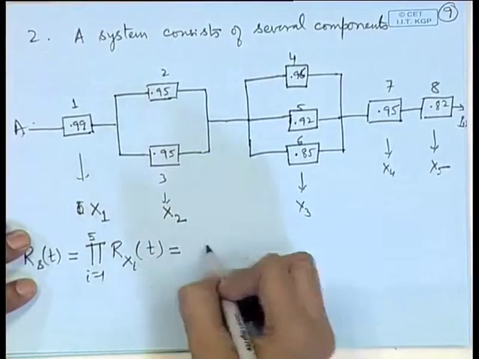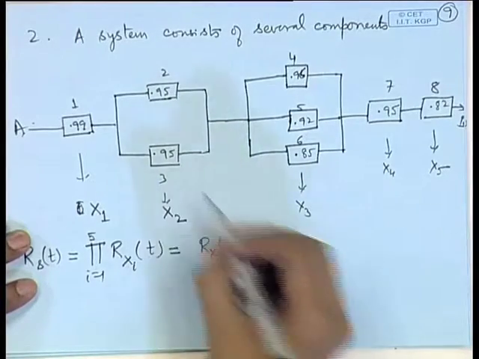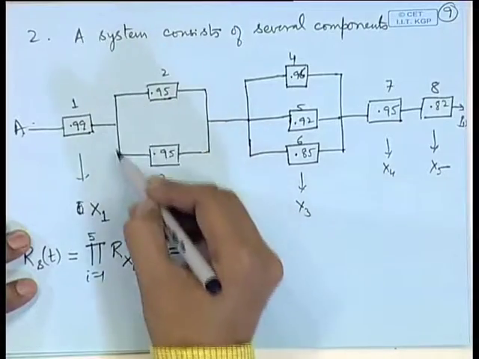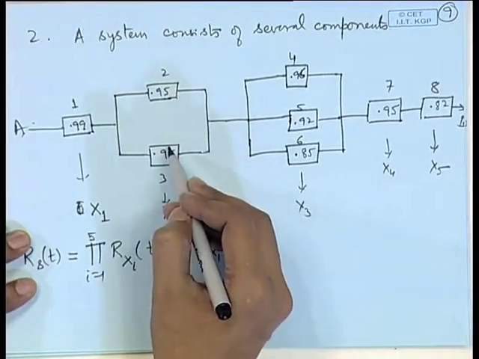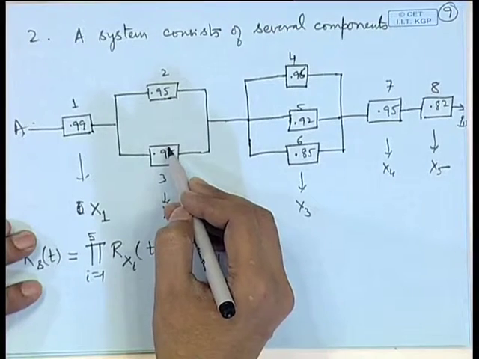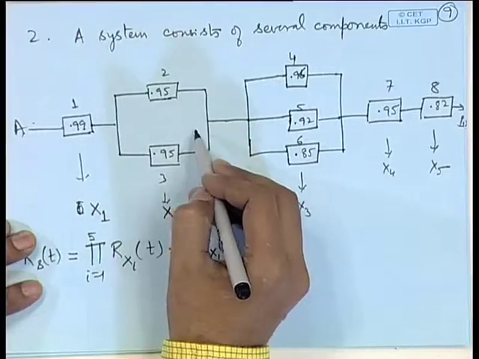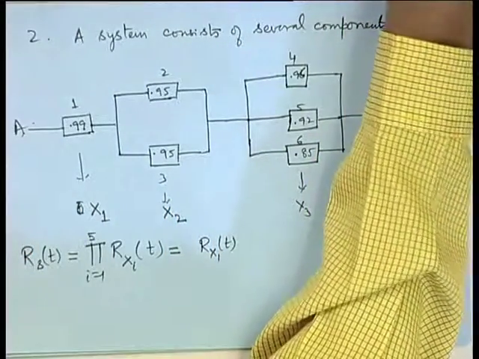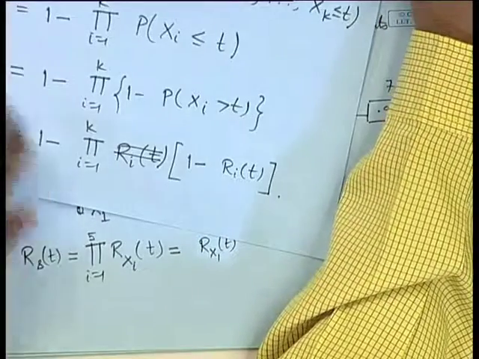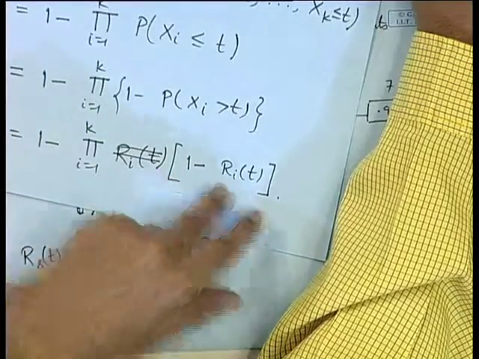So, this one will become equal to R_X1(t). Now, R_X2(t) is again a compound system. It consists of two parts connected in parallel. The probability that the system is functioning, or the reliability of this, is given by the formula for the reliability of a parallel system, 1 minus product of 1 minus the reliabilities.